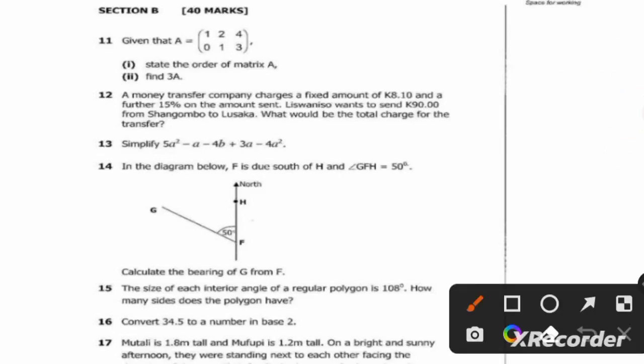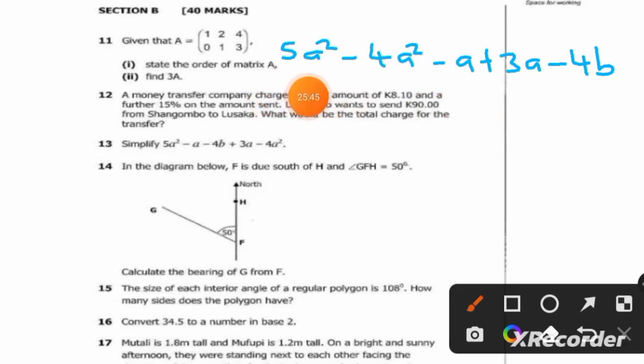So we are going to say 5a squared minus 4a squared, by the way, we are collecting the like terms, minus a plus 3a minus 4b.